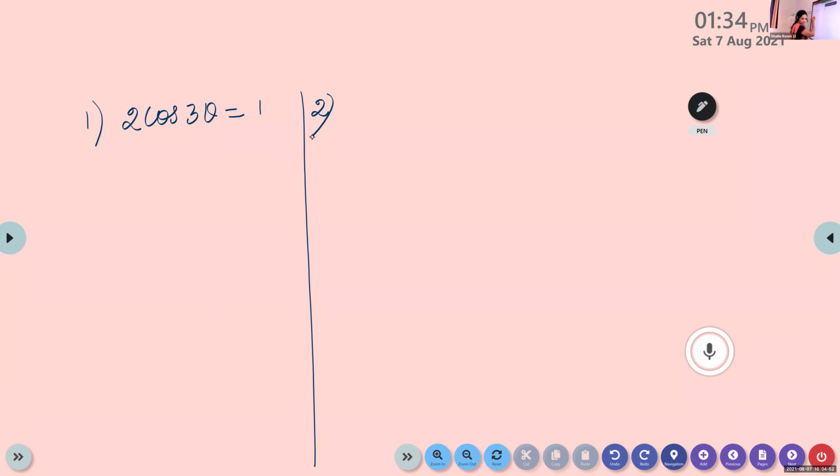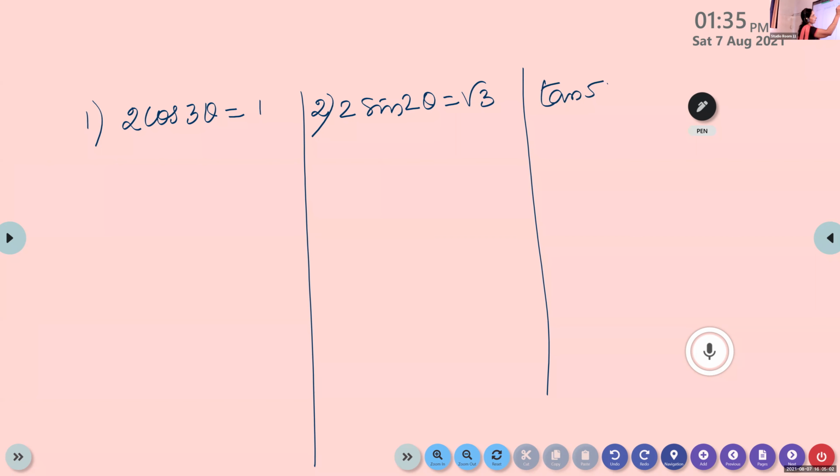Second one, 2 sine 2 theta is equal to root 3. Third, tan 5 theta is equal to 1. In each of the cases, you have to find theta.